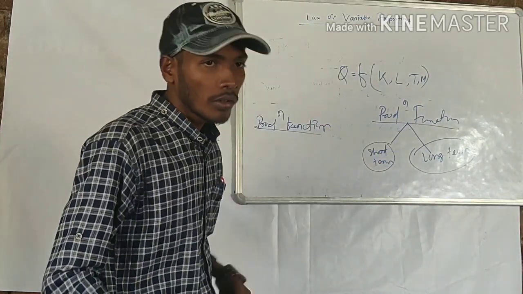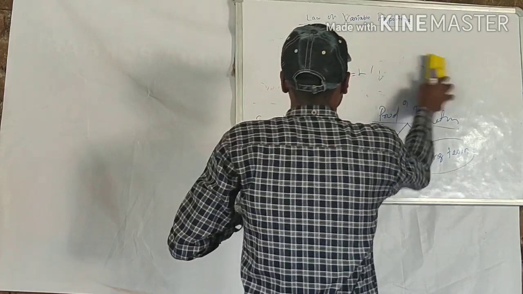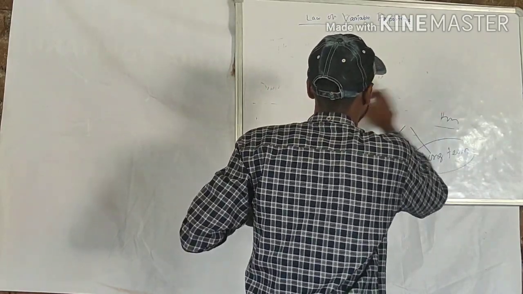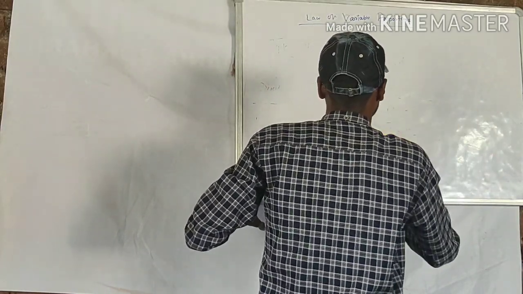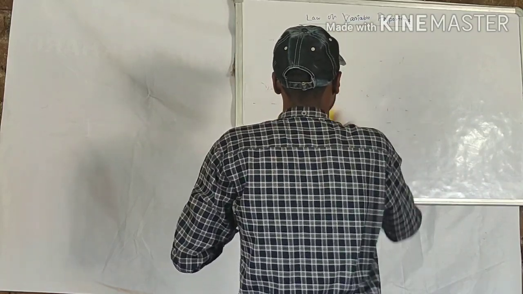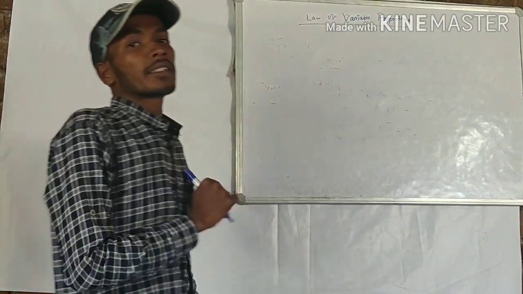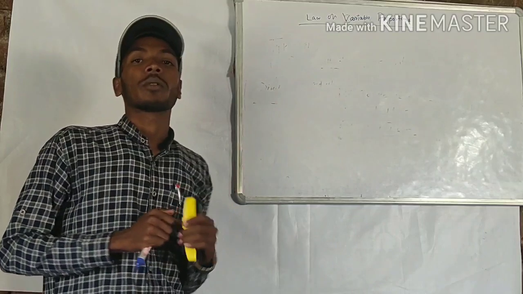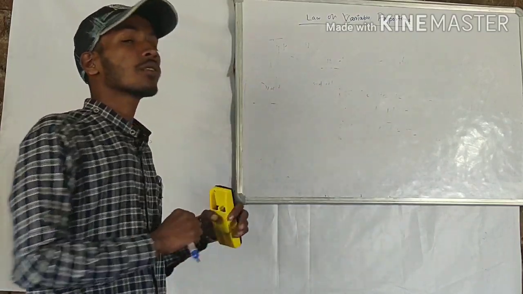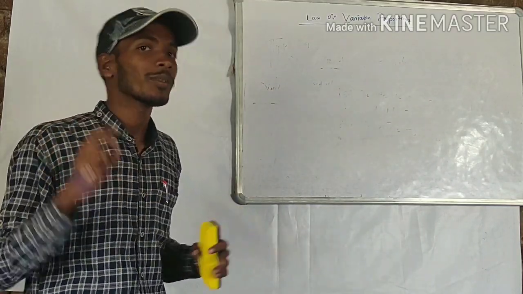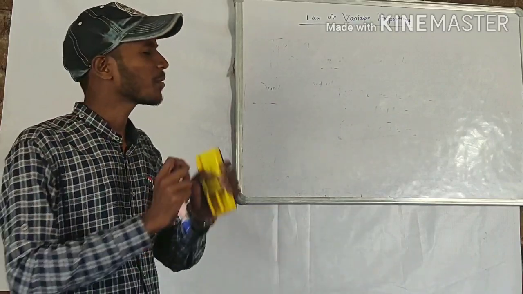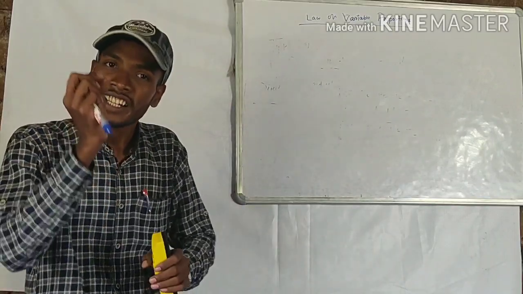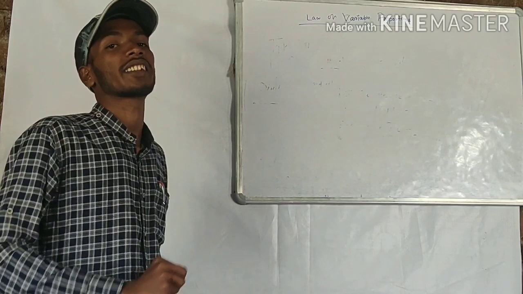Now we come to the law of variable proportion. Guys, it's a very important topic in microeconomics. It is also very hard, but once you understand it thoroughly, it will be very easy for you. Actually, it's a trick; we have to understand this trick.